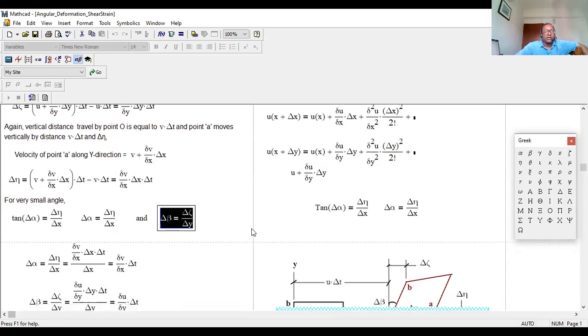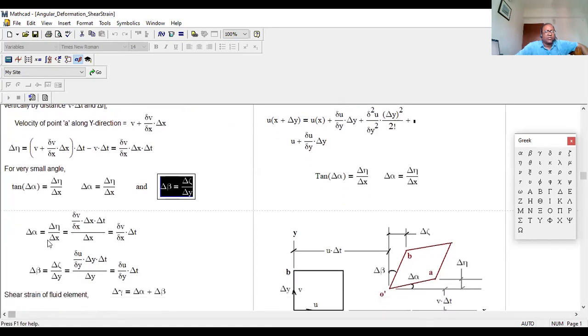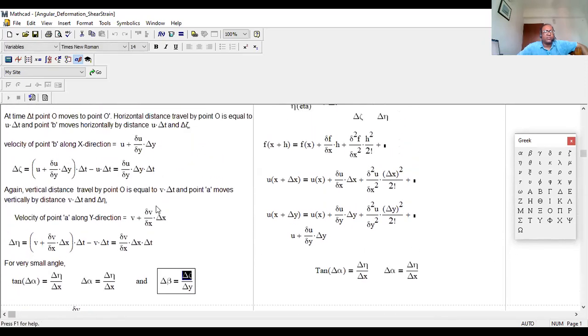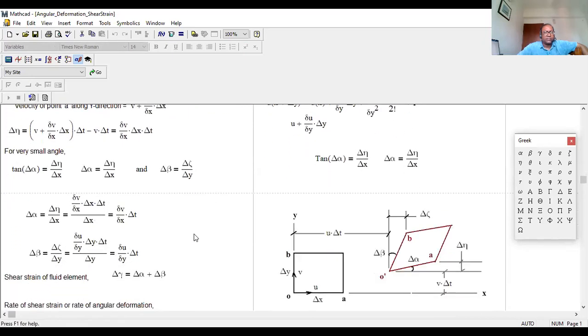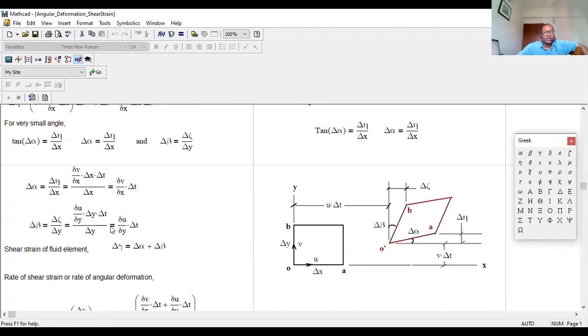Okay. Now this eta value is how much? We already figured out this is the value of eta. So you put eta at the top, del x is right over here. So you get del v by del x into this term. Similarly, in del beta, you put this value. What is this value? We already have it, this one. So you put it there, then you get del u by del y into t.